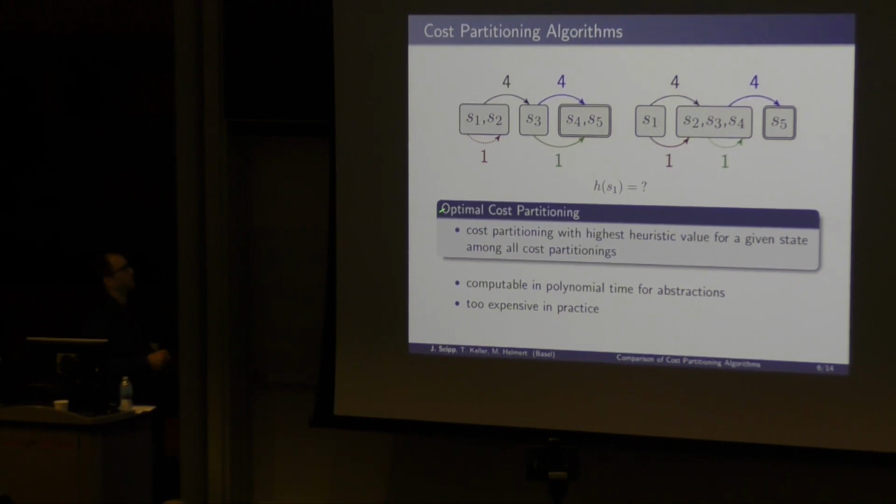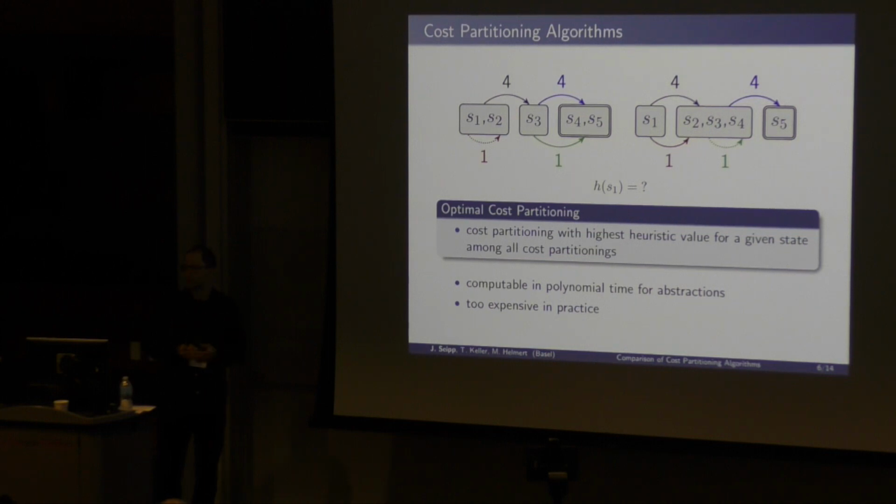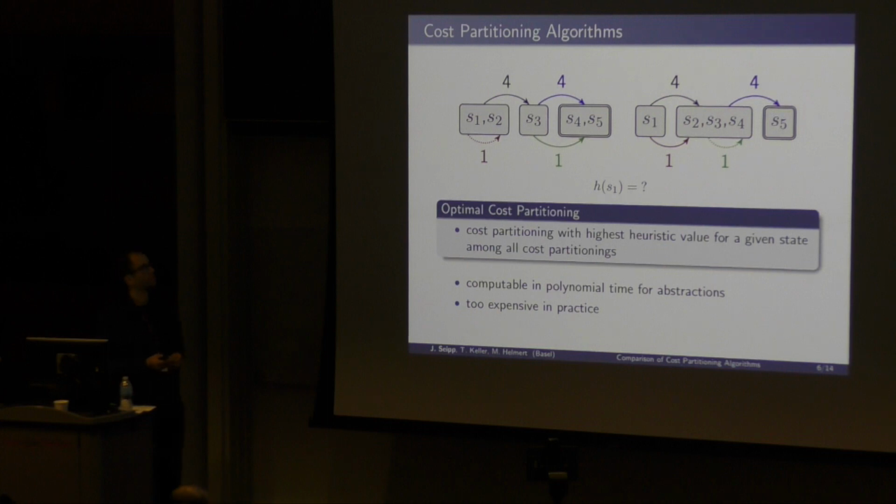So let's start with optimal cost partitioning. The optimal cost partitioning is the one with the highest heuristic value for a given state among all cost partitionings. It has been shown that this is computable in polynomial time for abstractions, but it is usually too expensive to compute for even small abstractions in practice.